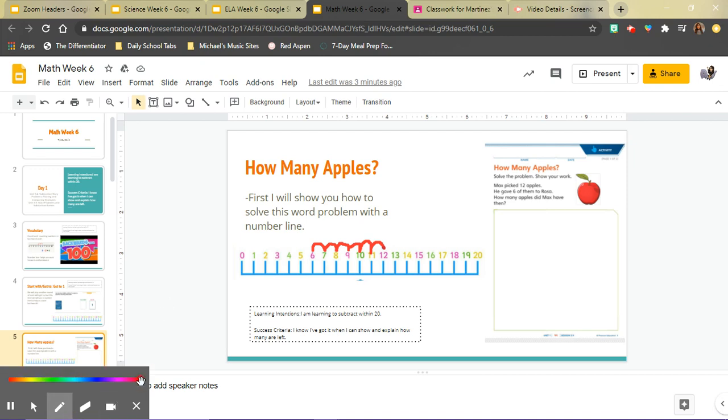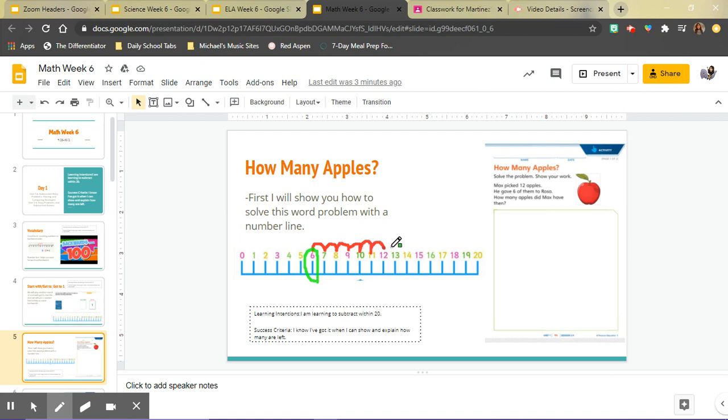How many jumps did we take? We went back or counted back 6 because that's how many he gave away to Rosa. What number did I land on? Right, I landed on the number 6, and I'm going to circle that for us right here.